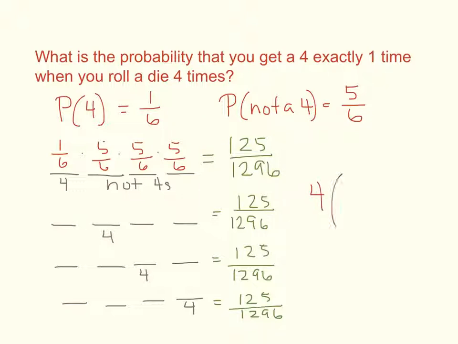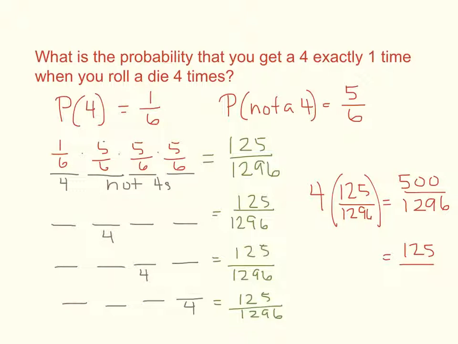So we would say there's 4 times 125 over 1,296 for a total probability of 500 over 1,296. Remember, you can simplify your fractions. So that would be 125 over 324 for a simplified answer.